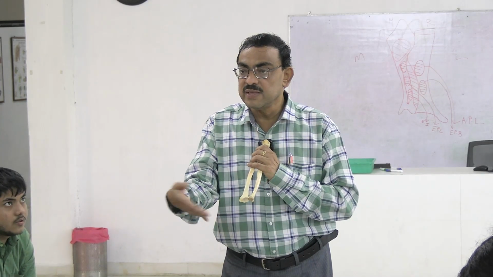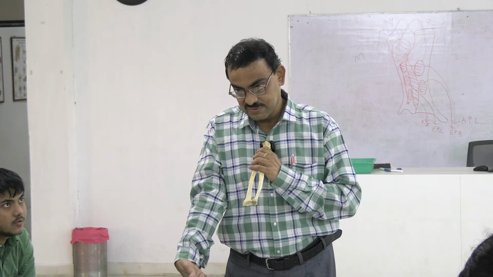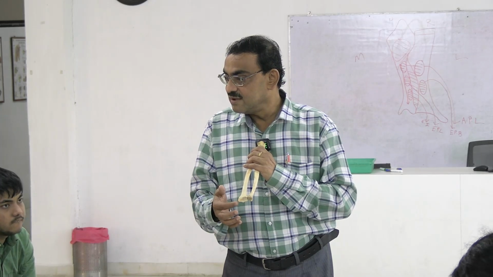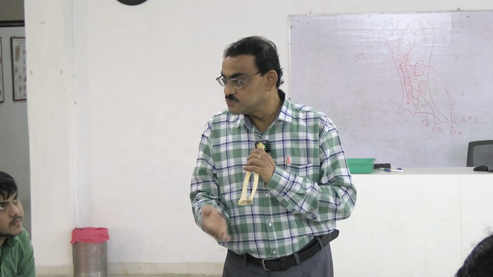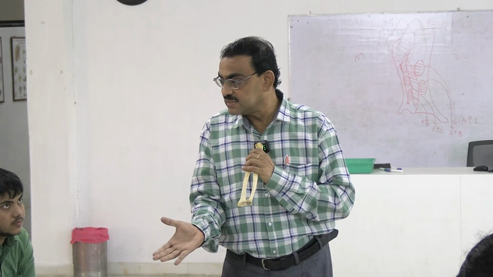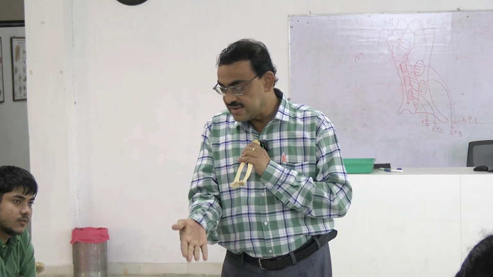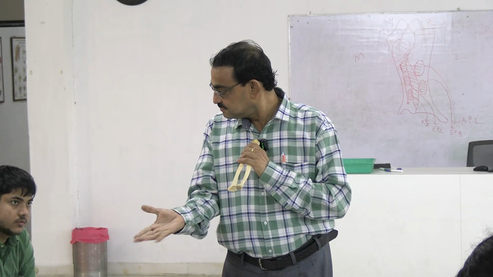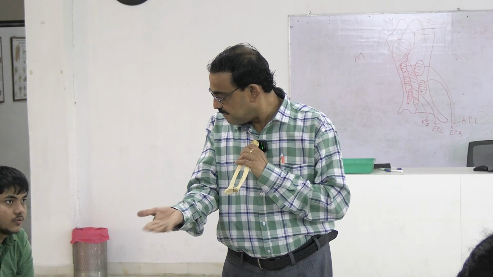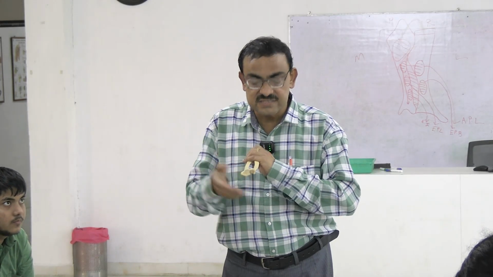So the angle of adduction is more, whereas the styloid process of the radius will prevent the abduction. So the angle of abduction is less, because this causes a hindrance. But here the angulation is more, the angle of adduction.